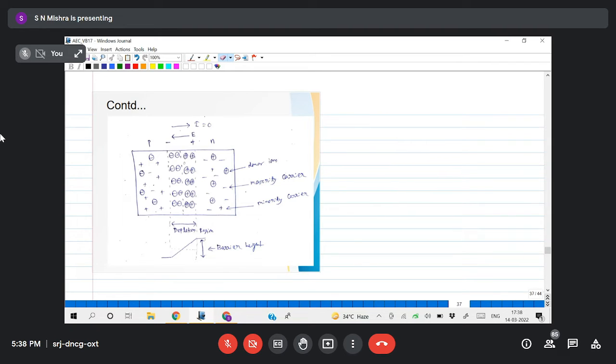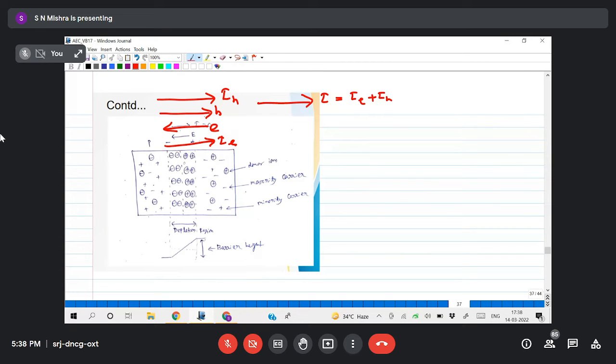Initially, the diffusion process will start. Diffusion means the hole is moving this side, so current is in this direction. Electron is moving this direction, so current is moving in the opposite direction, so net current is IE plus IH.